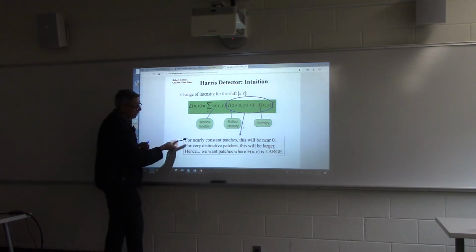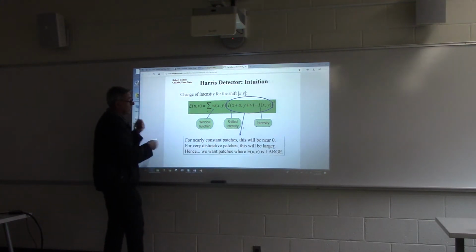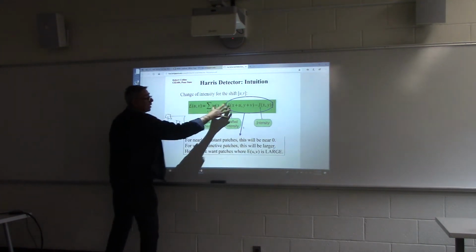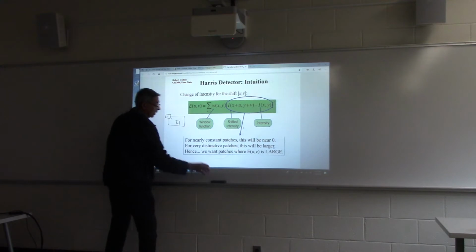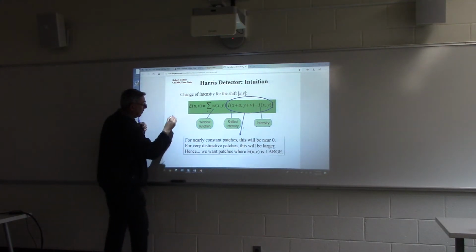Okay, this will be pretty much constant if it is somewhere in the middle of a table or something. But if it's in a corner, as we discussed, then every time we change it will start to change. So to give you a very simple explanation, let's say this is the corner of the window.